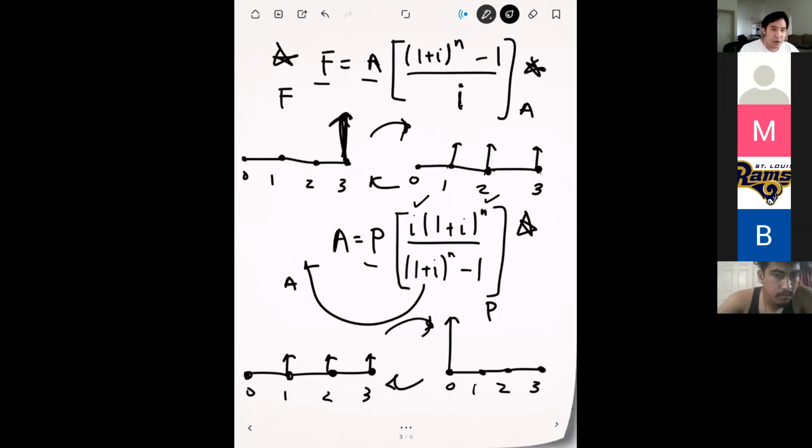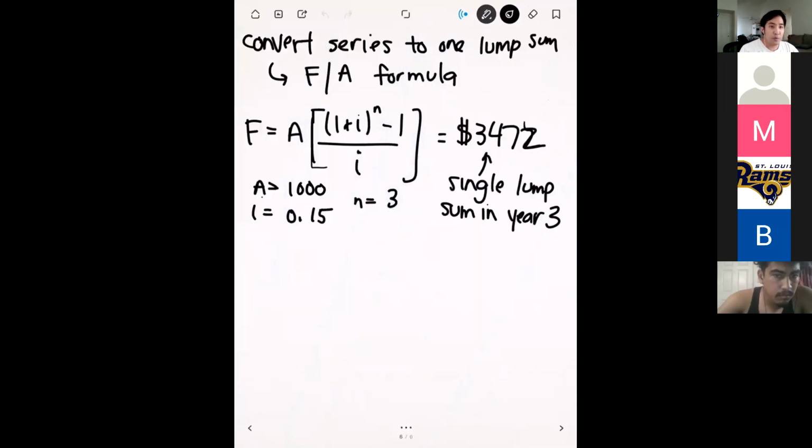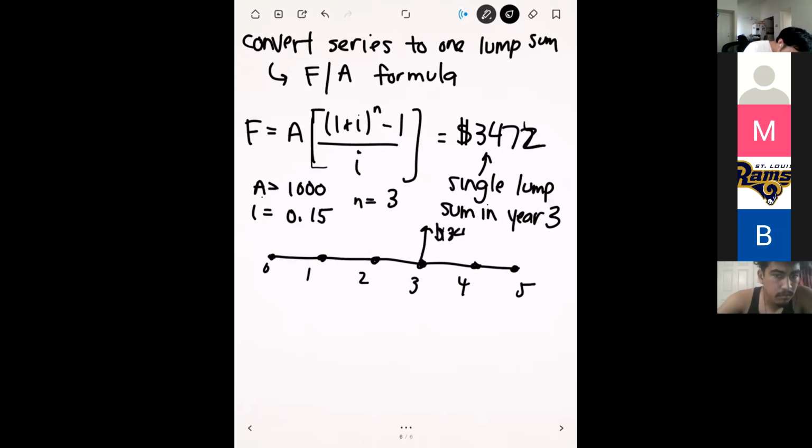It's a very subtle point, but it's really important that when you're using these formulas, you make sure that you put them on the correct year. And so now what this looks like in terms of cash flow diagram looks something like this.